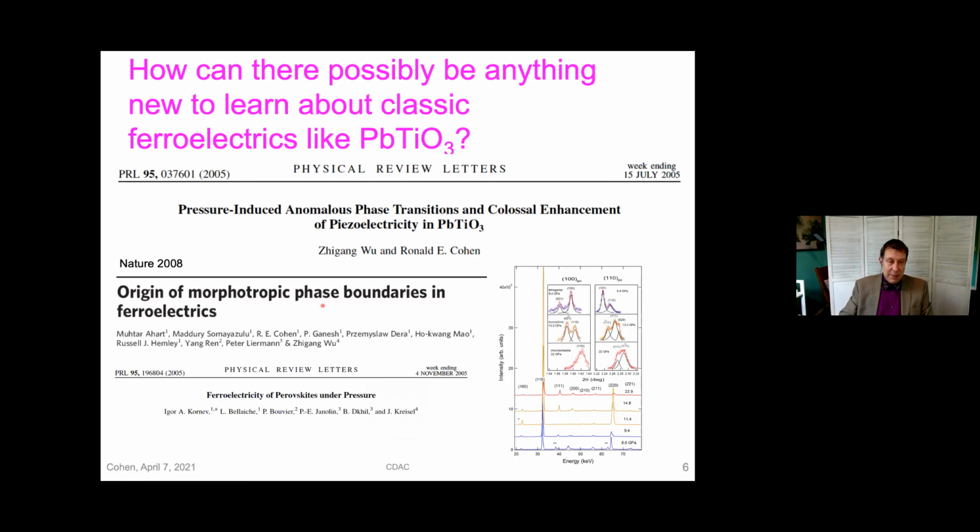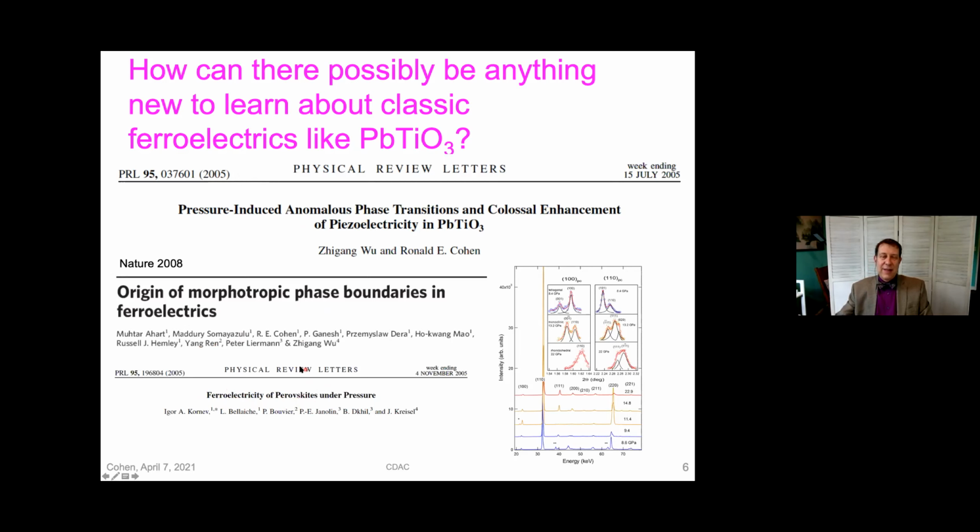And it also gave some understanding of why those materials are such good piezoelectrics, and what actually happens in that boundary region between tetragonal and rhombohedral. And about the same time, there was this theoretical paper by Kornev et al., that I'll talk about later, which looked at ferroelectricity under pressure in Physical Review Letters, where they actually predicted that there would be ultra high pressure piezoelectricity and ferroelectricity.